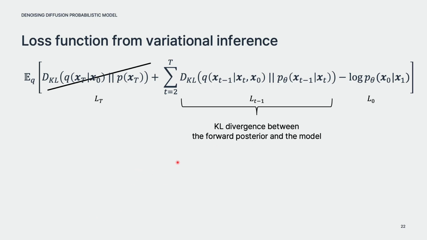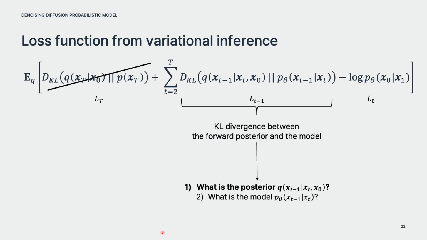Now we will see how to calculate the second term, L T minus 1, which is the core term of DDPM loss. There are two components in this KL divergence, which we should both know. First is the posterior, q of x t minus 1 given x t and x0, and second is the model density p theta of x t minus 1 given x t. So let's first see the posterior.